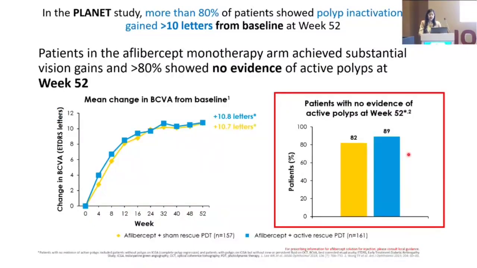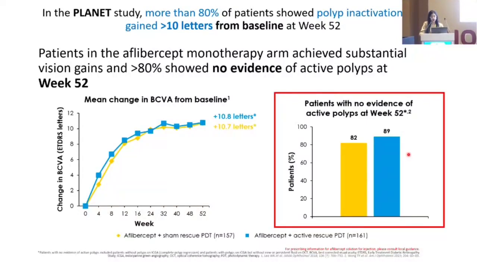PLANET was a multi-centered phase 3b RCT in which participants received 2 mg of aflibercept at week 0, 4 and 8. At week 12, participants with a suboptimal response were randomized 1:1 to receive aflibercept plus sham PDT or aflibercept plus rescue PDT.